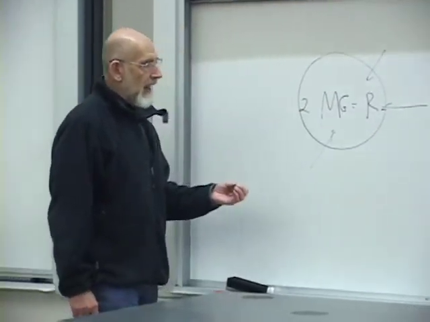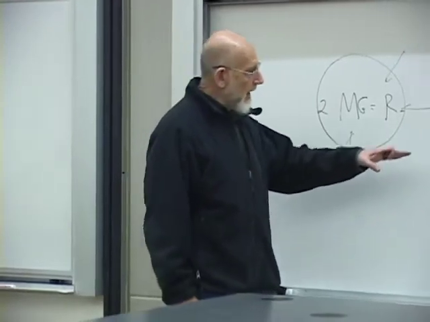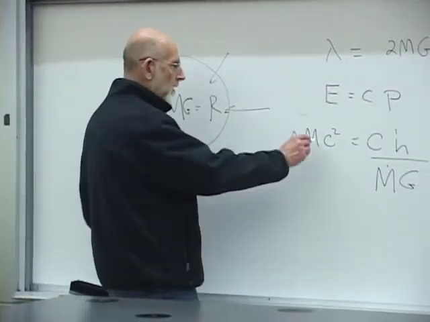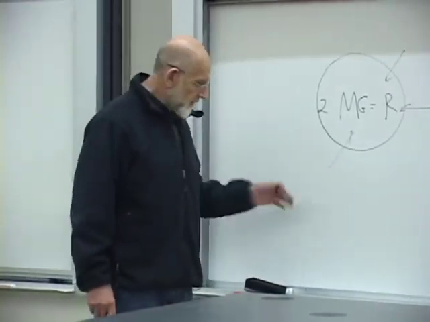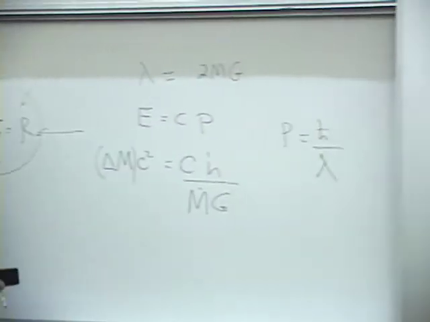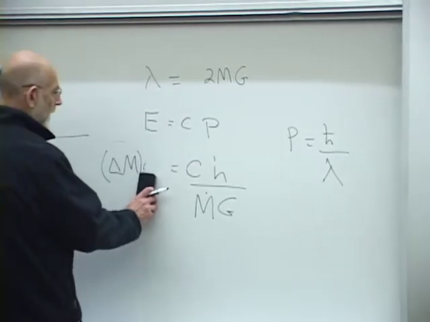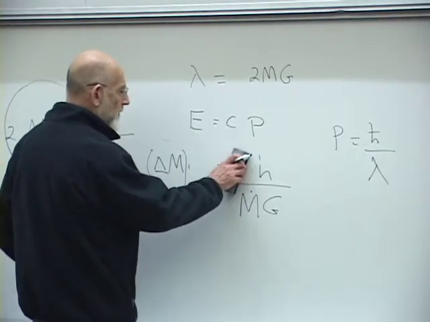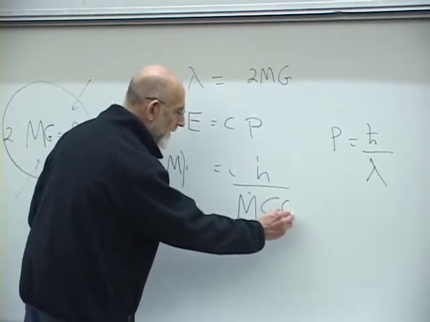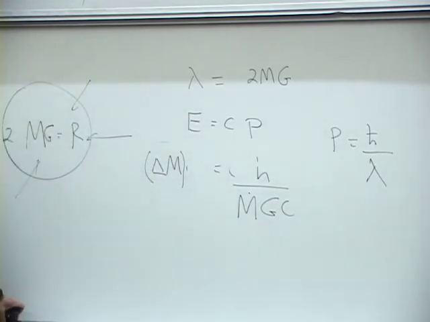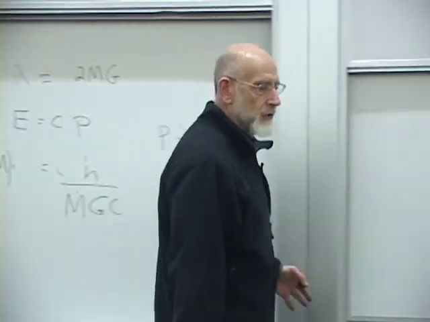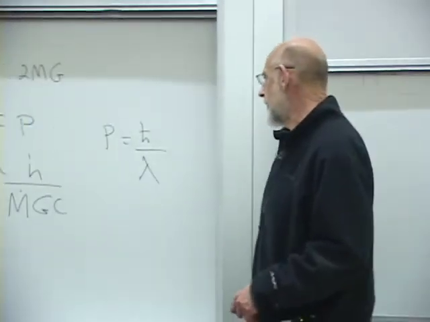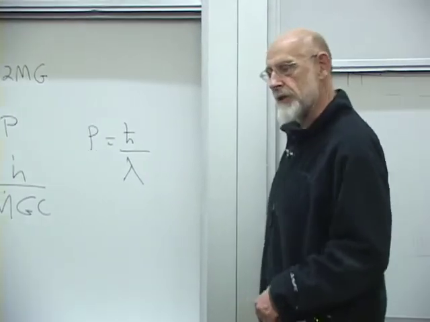The energy that I added goes into increasing the mass. Let's clean up the formula a little bit. Let's divide by c squared, and that puts the c in the denominator. That's the minimum change in the mass when you add 1 bit of information: h bar over mg.